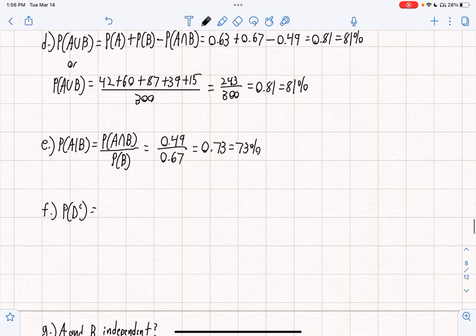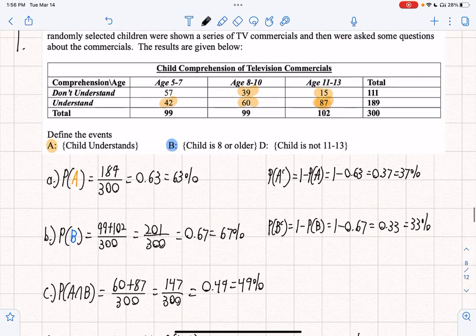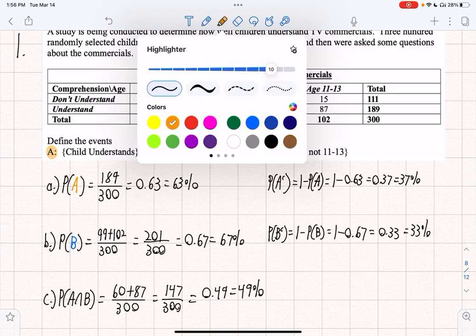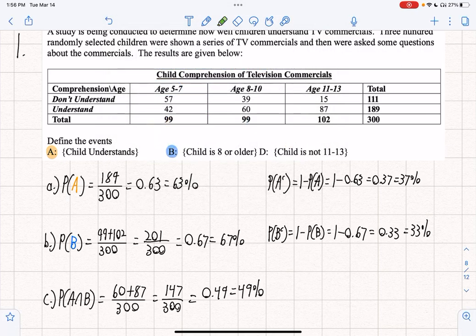Okay, probability of D complement. Let me use a new color. Okay, green. So D is the child is not 11 to 13. Perhaps we start with calculating the probability of D. Not 11 to 13 would mean they're either 5 to 7 or 8 to 10.